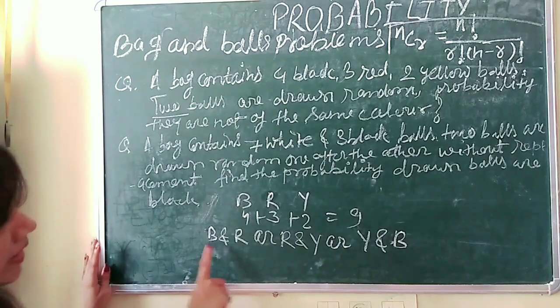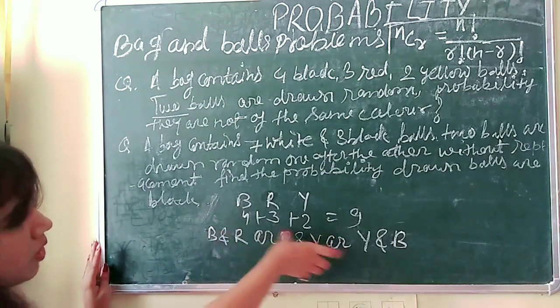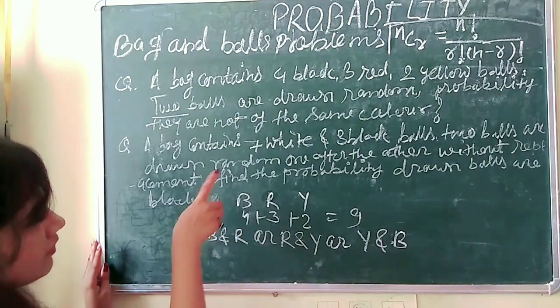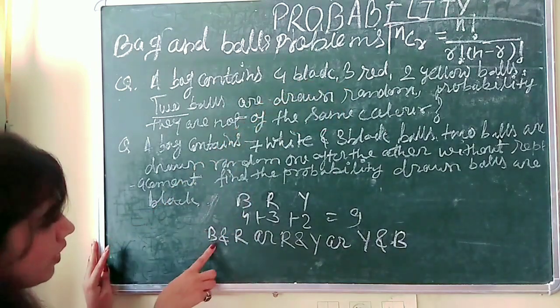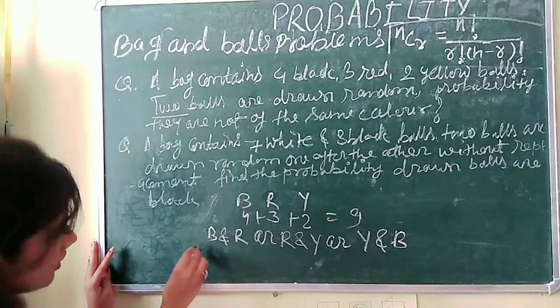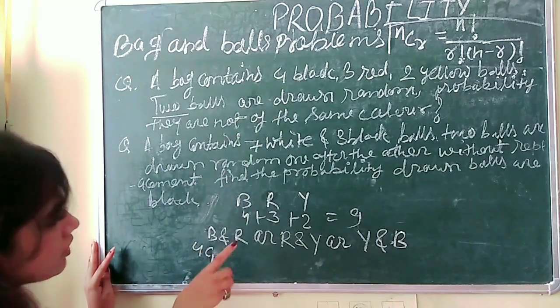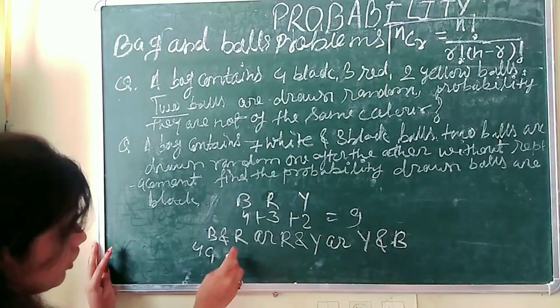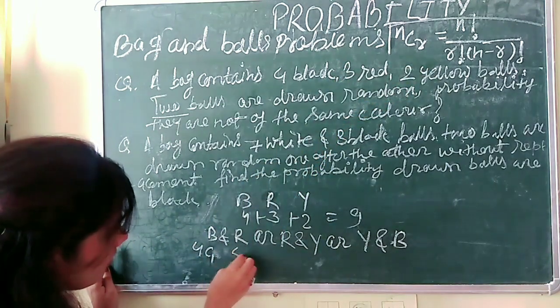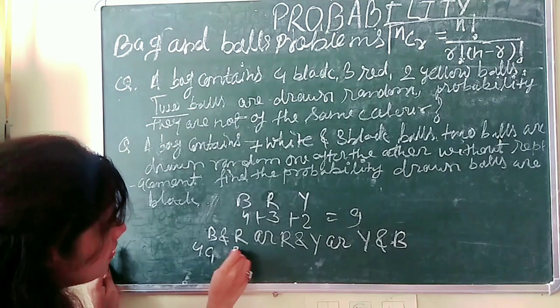So again we will make the combination of these balls. If the balls are black and red, one ball should be black, so 4C1, and the other should be red, so the red ball is 3C1.